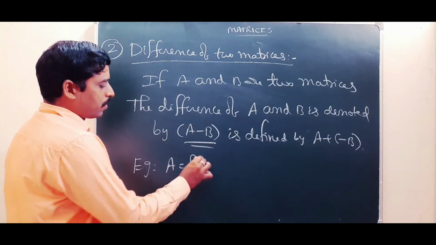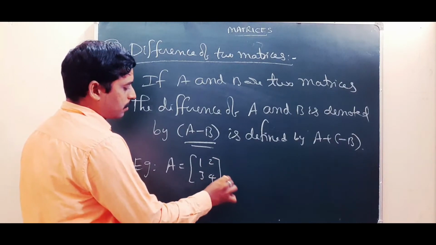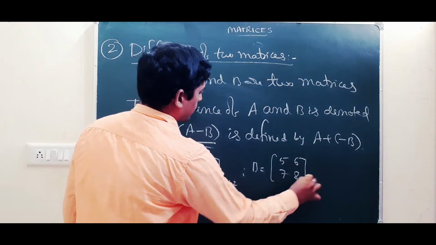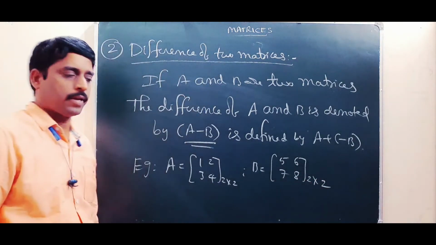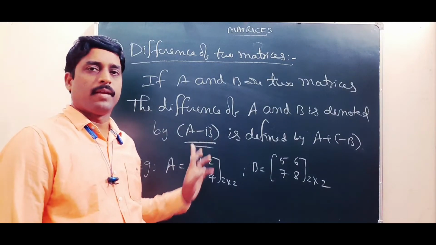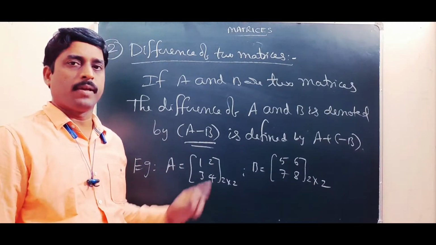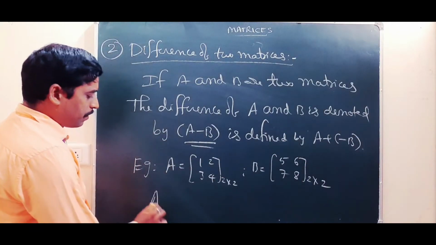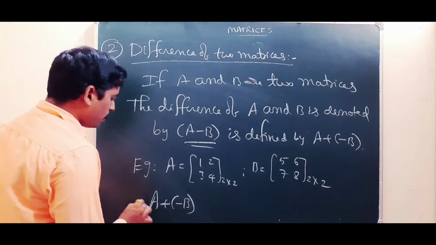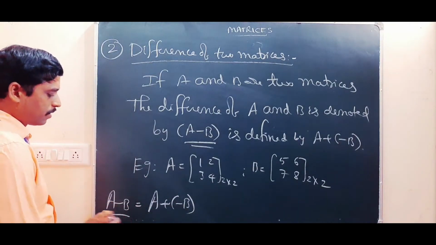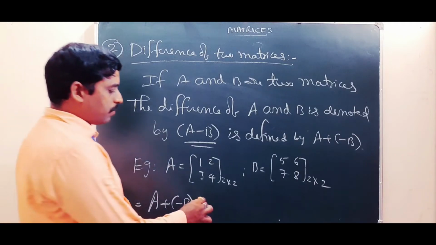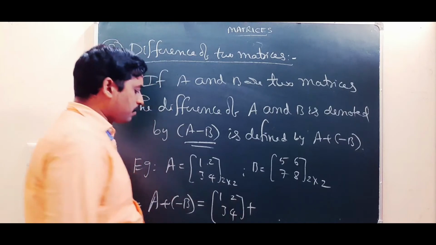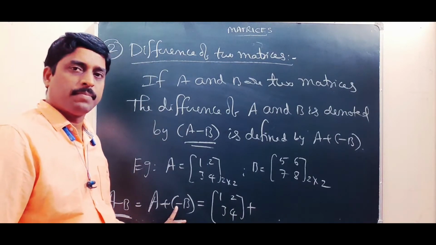One example. A has 1, 2, 3, 4, a 2 by 2 matrix. B has 5, 6, 7, 8, also a 2 by 2 matrix. So A minus B, the difference of A and B, is defined by A plus of minus B. A plus minus B equals 1, 2, 3, 4 plus minus B. What is minus B?